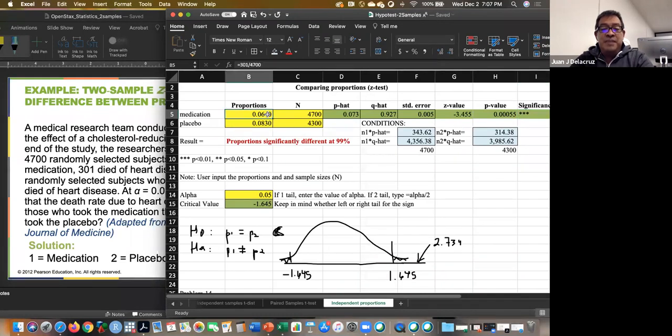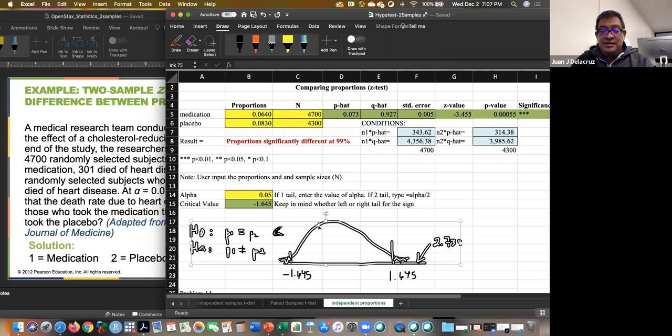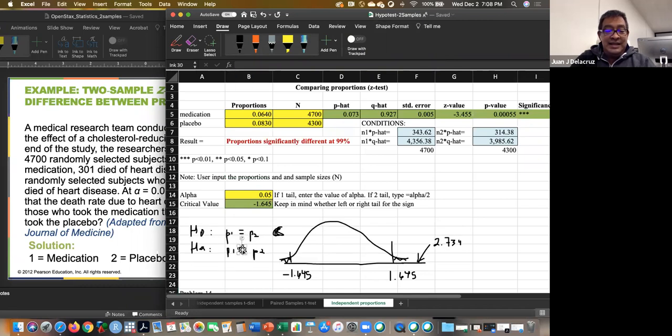But statistically speaking, the death rate is less in the medication group than in the placebo group.